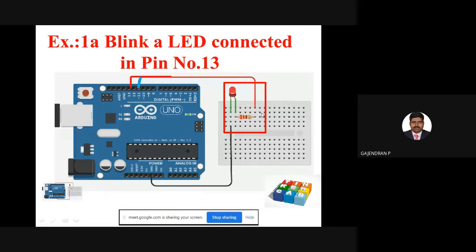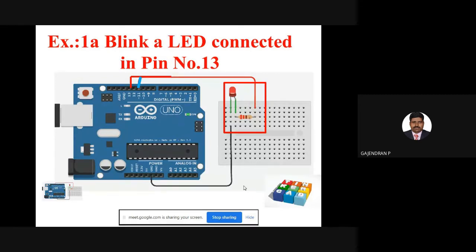I'm going to connect the external LED through a current limit resistor, then the LED, and then the cathode terminal is connected to the ground. So for this experiment, what additional hardware do we require? We require a breadboard, resistor, LED, and connecting wires.